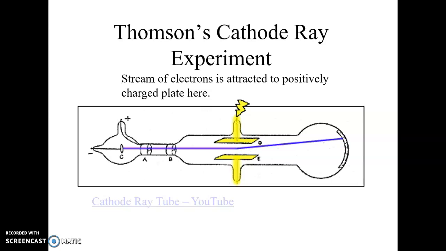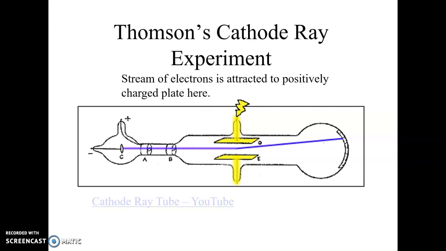He did further work, and so did a guy who came about the same time as him, named Millikan. And what he found out using a mass to charge ratio that you don't have to understand yet, you can learn more about that in chemistry, is that these tiny little negatively charged particles have a mass much smaller than the mass of even a hydrogen atom, which would be the smallest atom.